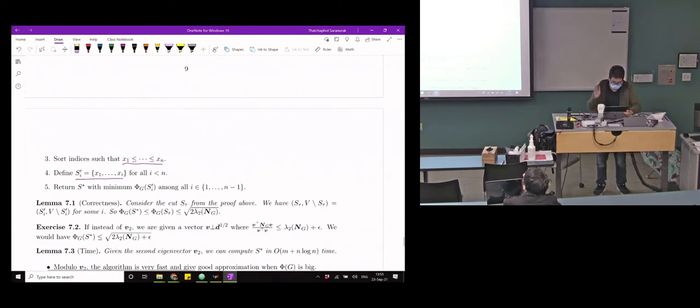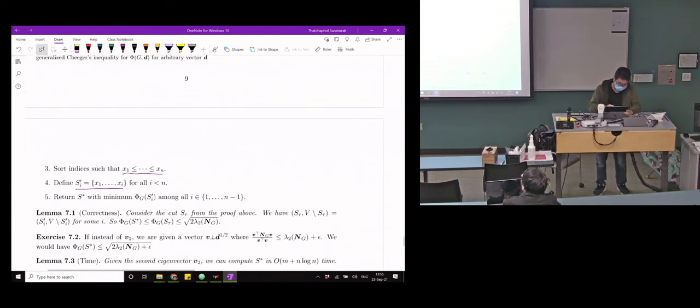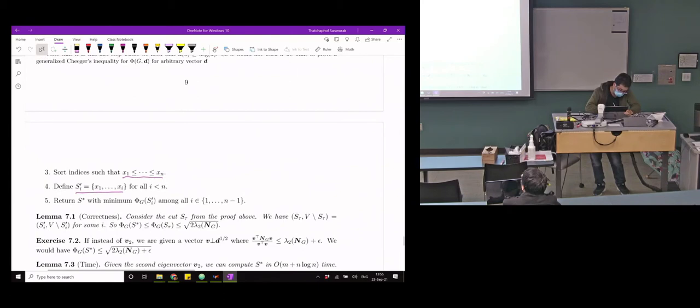Can someone tell me, instead of v2, the second eigenvector, if we are just given some vector v such that this ratio is quite small, why is that fine? Why is it good too?